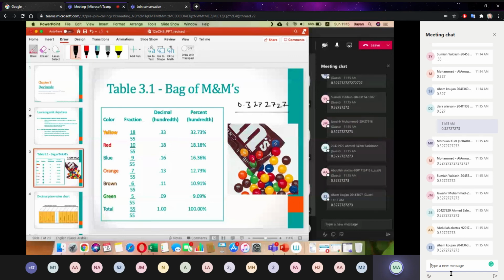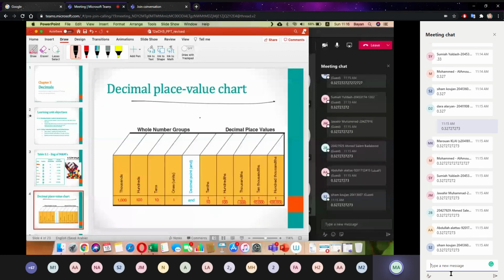This value we call it decimal. So the decimal is the result of dividing the fraction. So let's see here. This is the decimal place value chart. So here we have the decimal point. The first value on the left side, we call it ones or units.